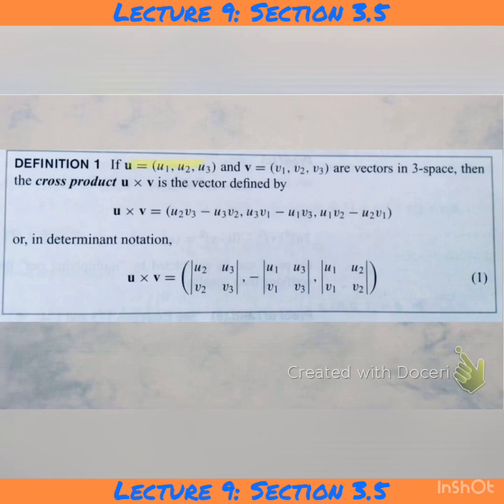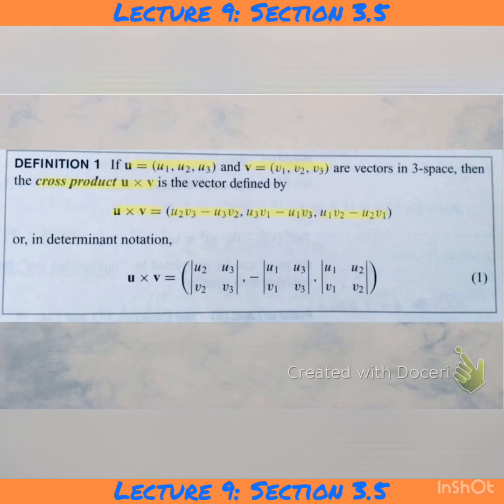If you have two vectors in R3, u and v, then the cross product of u and v, defined by that, is basically the vector obtained by having the x component be that quantity, the y component be that quantity, and the z component be that quantity.